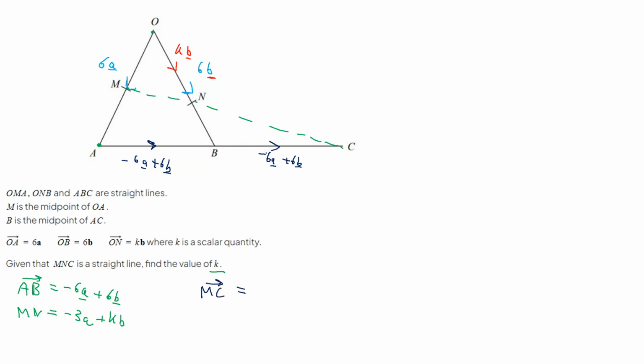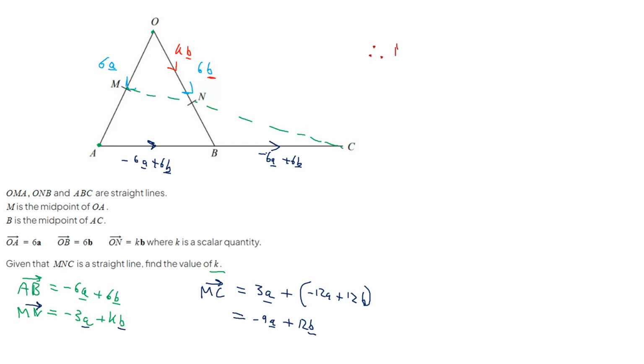MC is just going to be equal to 3A plus minus 12A plus 12B, which is equal to minus 9A plus 12B.